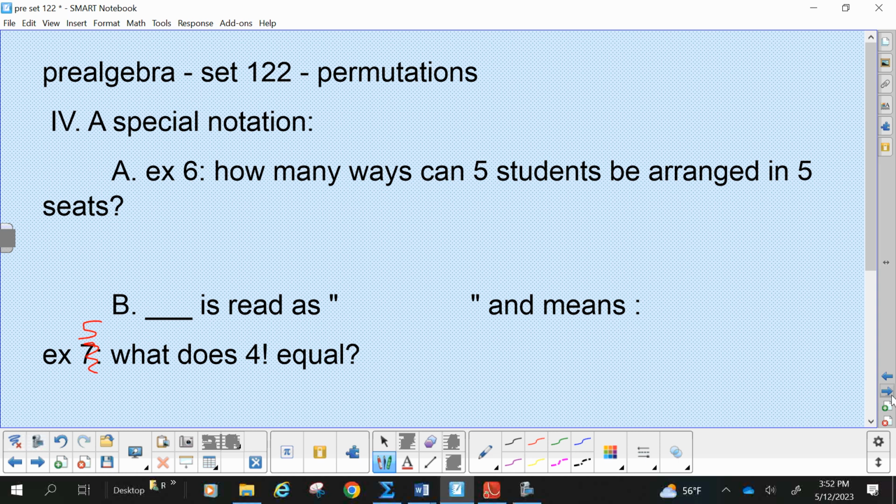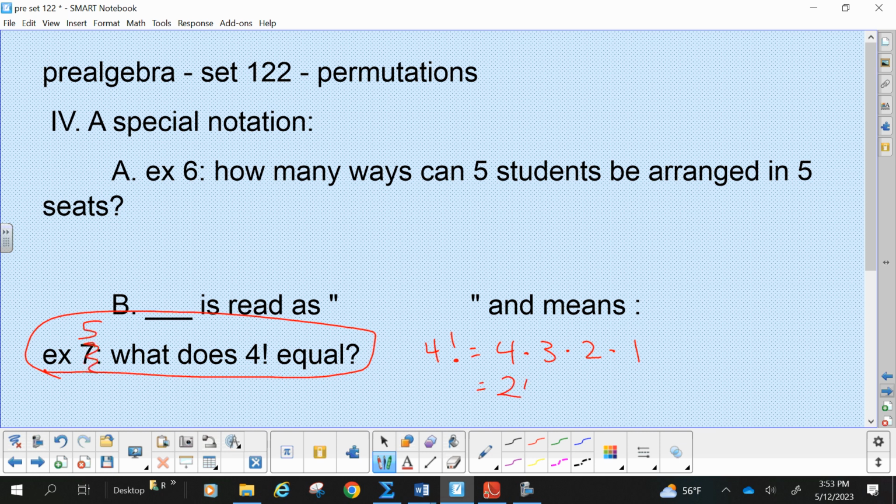What does 4 factorial equal? 4 factorial means 4 times all the numbers beneath it until you get to 1, yeah? 4 times 3 times 2 times 1 is 12 times 2, or 24. Okay? All right. Try these 2 practice problems to see if you get the gist on your own.